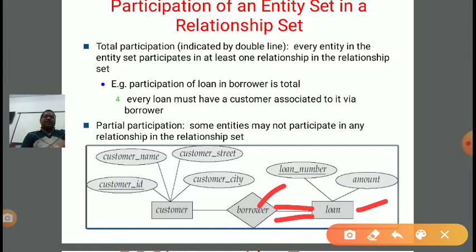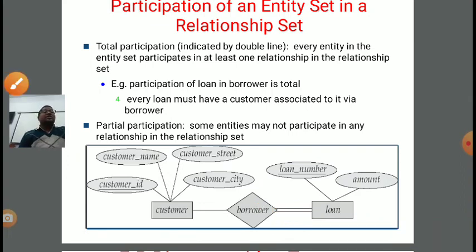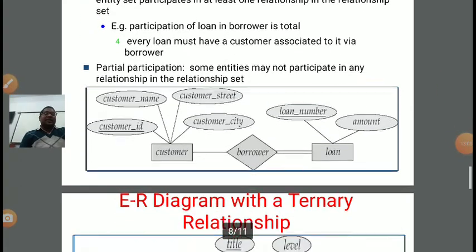Next is partial participation. Partial participation means some entity may not participate in any relationship in the relationship set. Some entities are not participating in the relationship. It means it is a partial participation of that entity in the corresponding relationship.